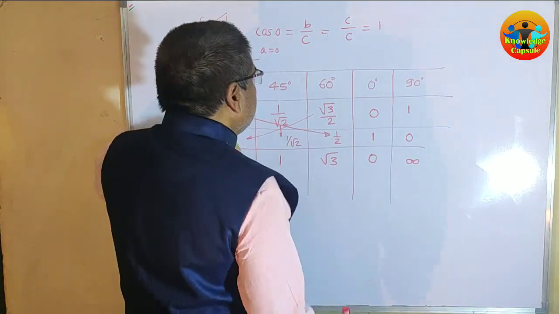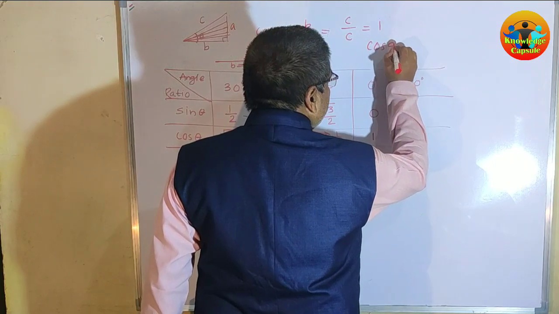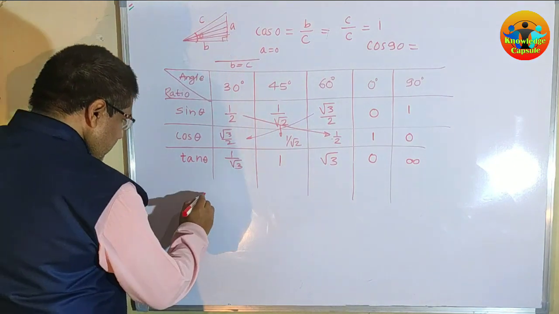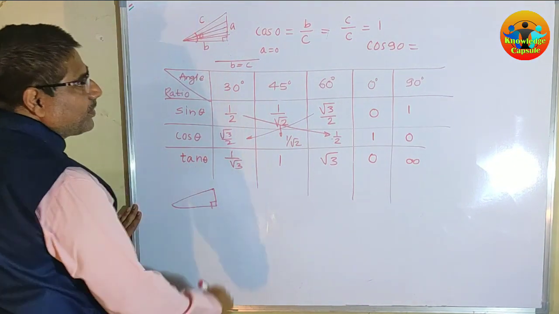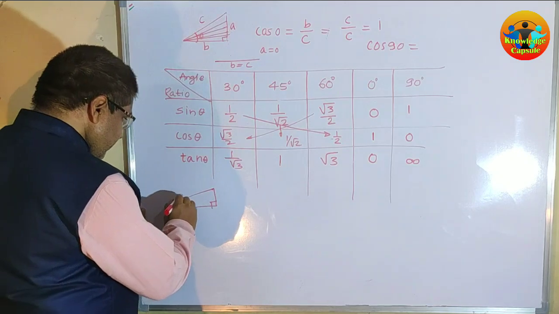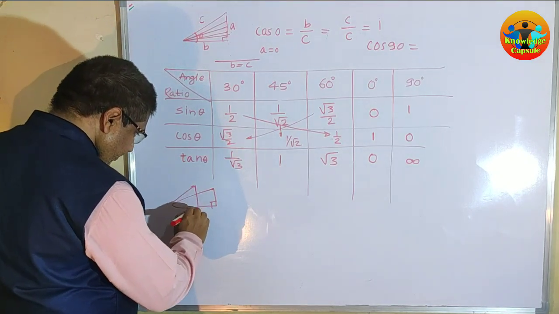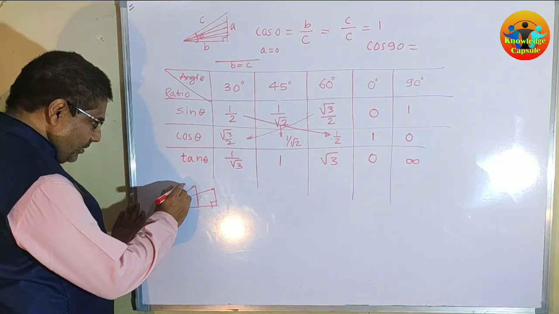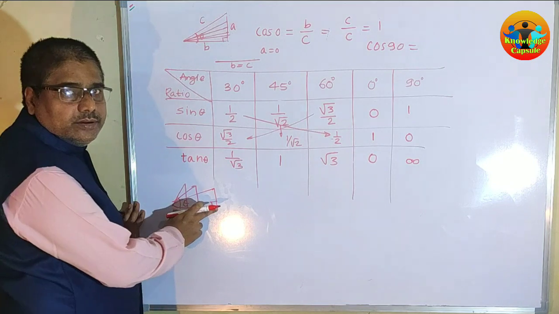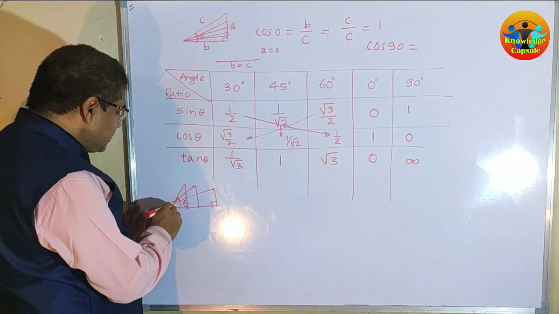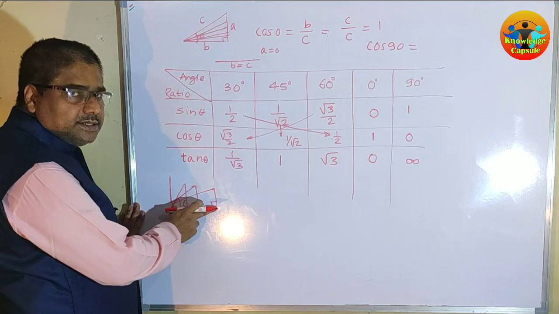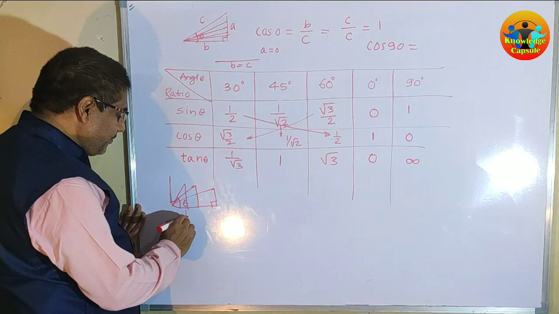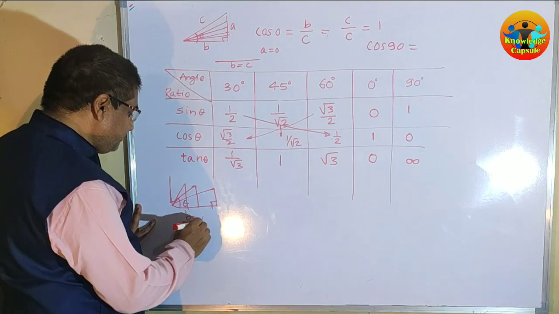Similarly, if you try to find cos 90 value in this right angled triangle, if you go on increasing this value of theta, what will happen? This base side will go on decreasing, and when this angle becomes 90, this base of triangle or adjacent side of this right angled triangle will become 0 when theta is 90.